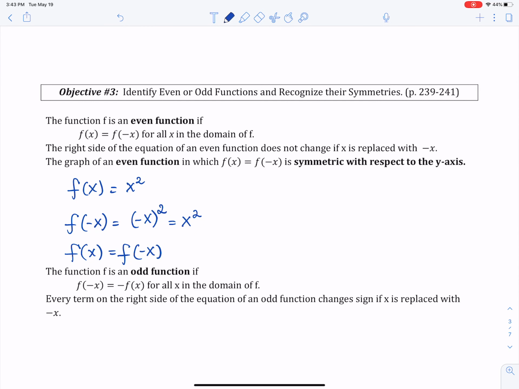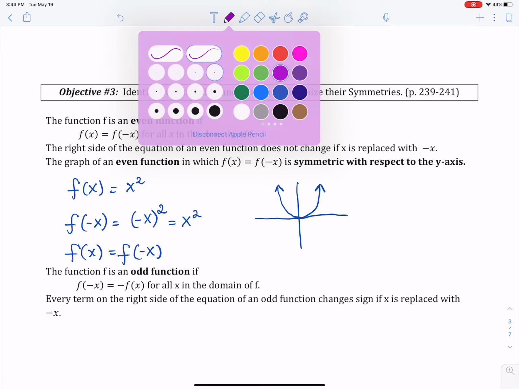What is valid for even functions? They're symmetrical with respect to the y-axis. And if you remember, x squared graphs as a parabola. I'm going to show you exactly what this means.